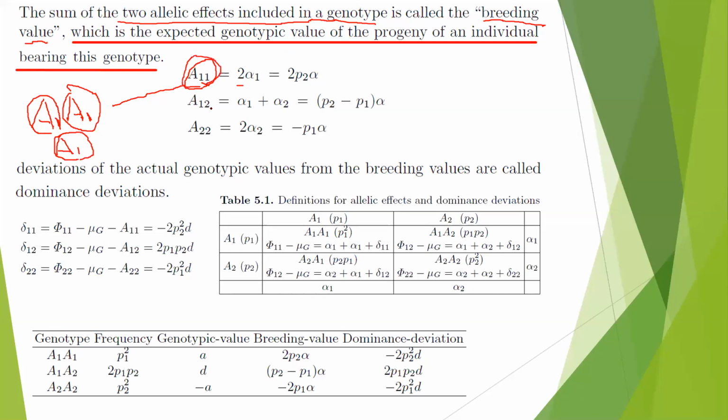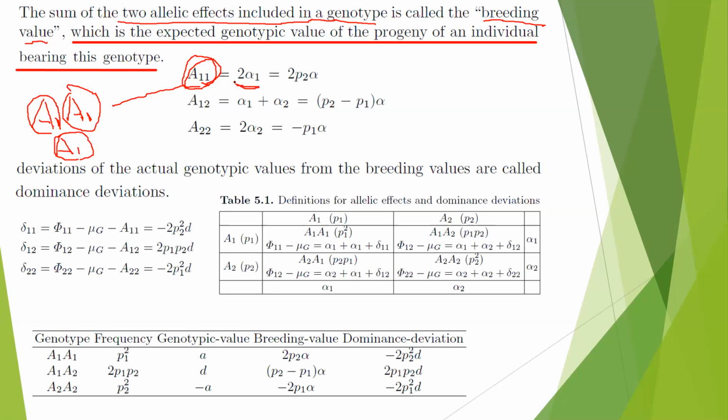When we want to calculate the breeding value for this genotype, it involves two A1 alleles, right? Each A1 allele will have an average allelic effect. So that's why we take the sum. We add up these two A1-specific allelic effects. That gives you the breeding value for this genotype, which is A11. Is that clear? Okay. All right.